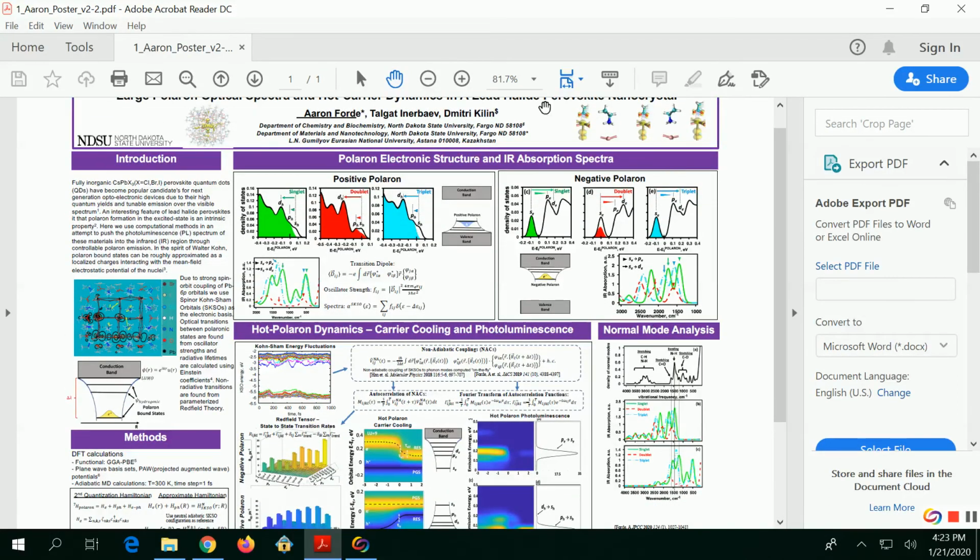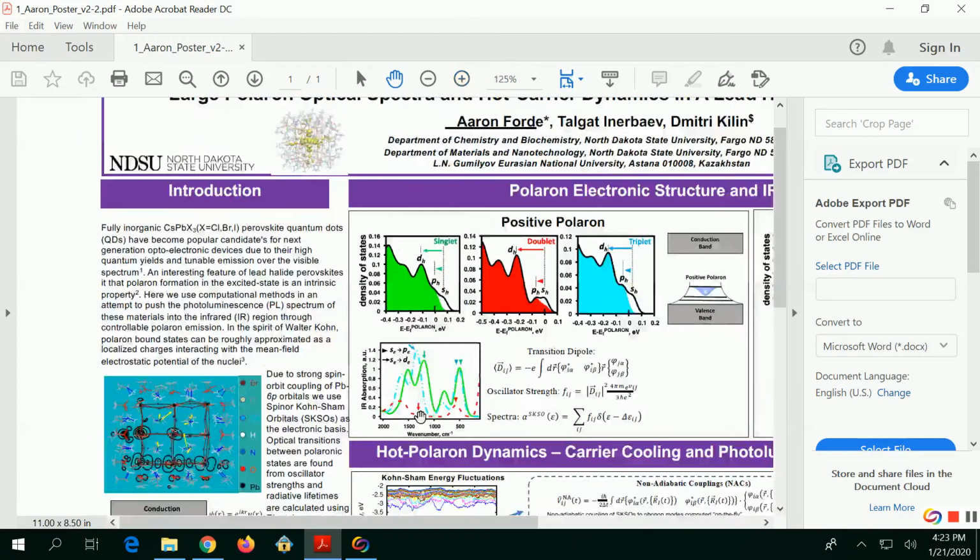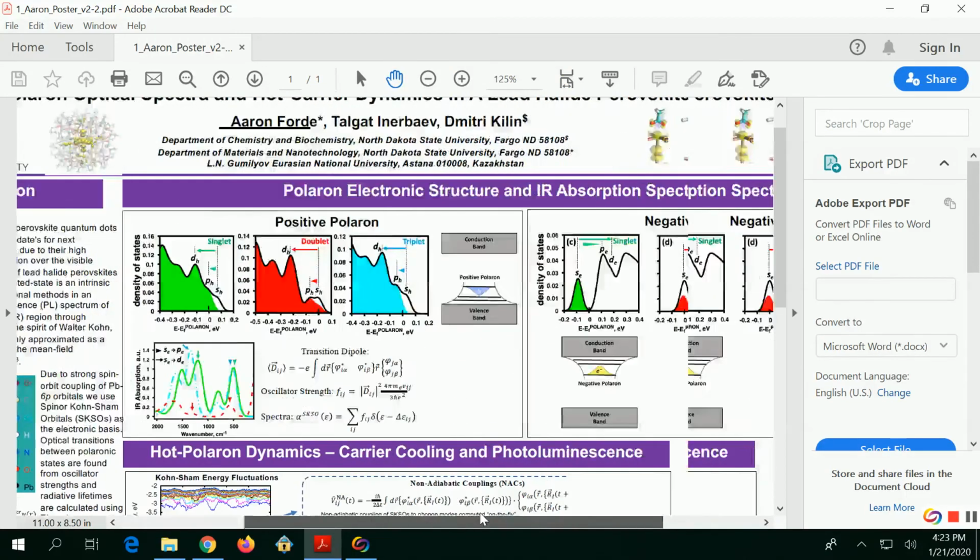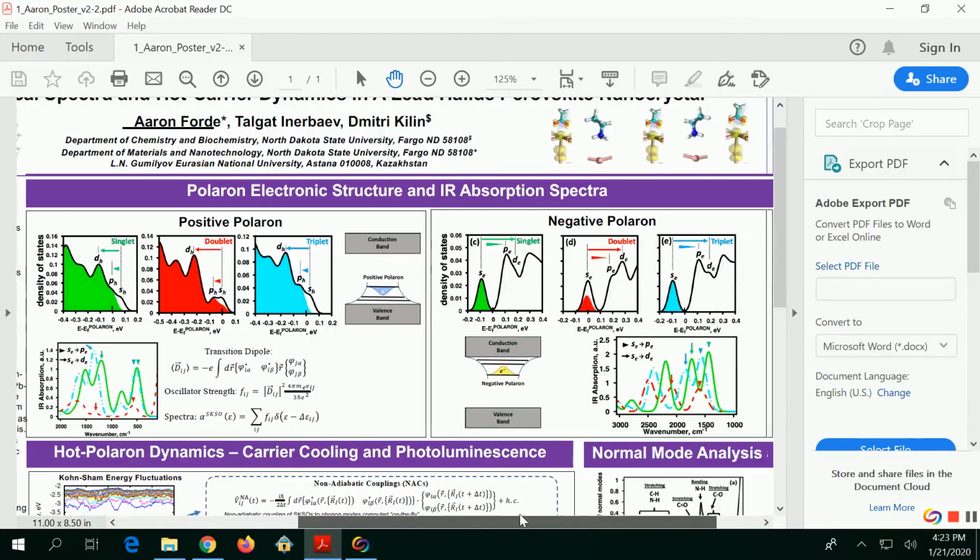So moving on to spectra. We consider two cases. In one case, if you just remove the charge from the system, you create a positive polaron. That's illustrated with this image here. When you compute the density of states, I forgot to mention we computed the spin multiplicity of the polaron as well.